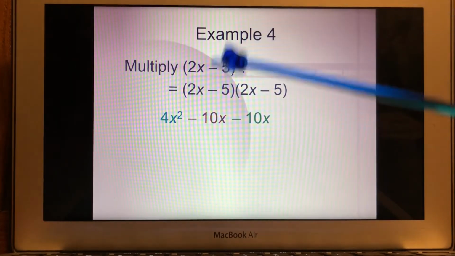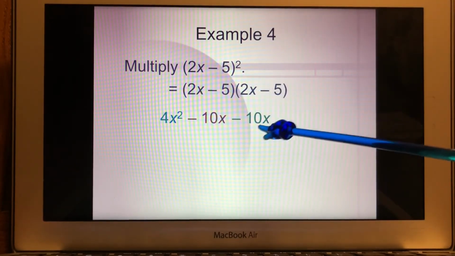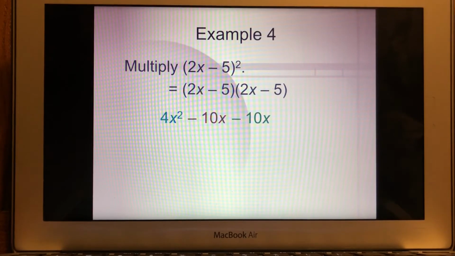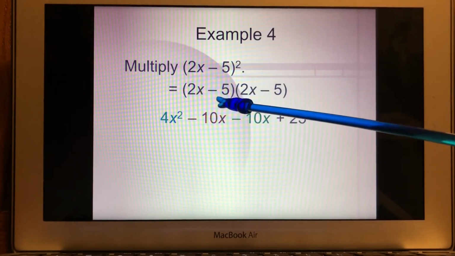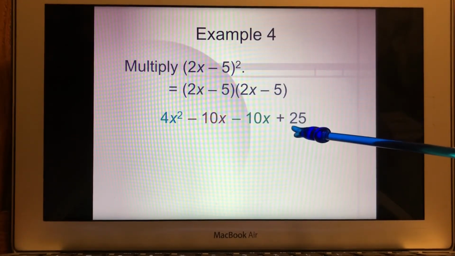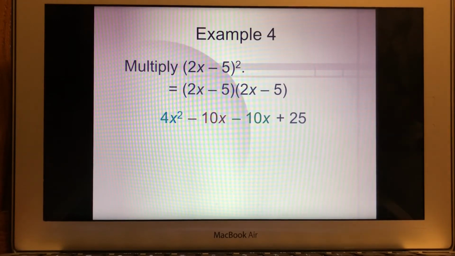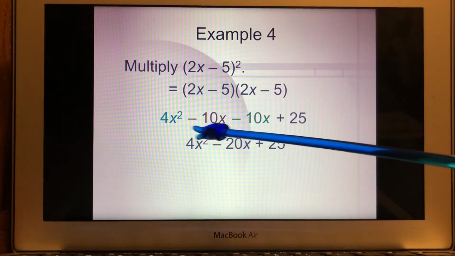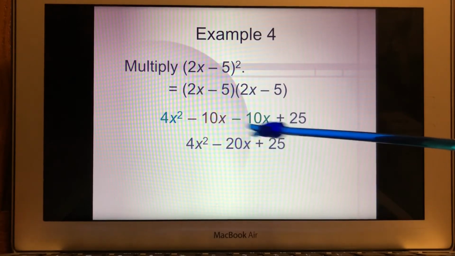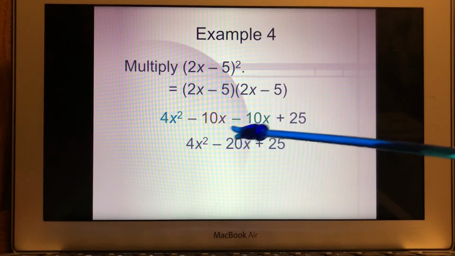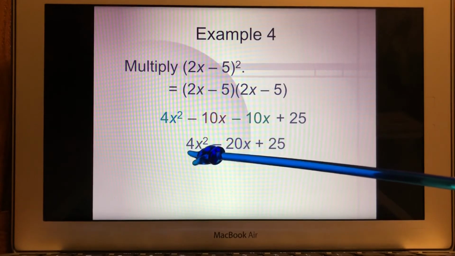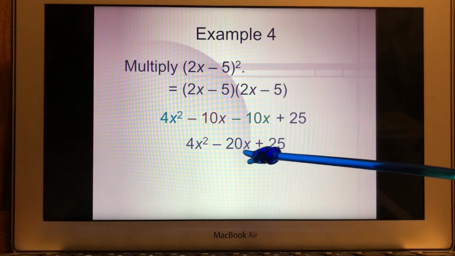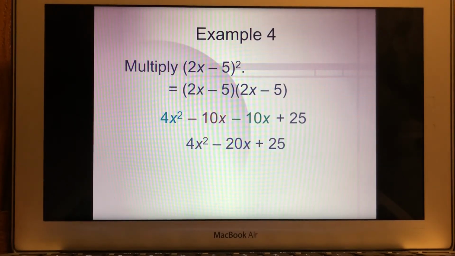The inside terms are negative 5 times 2x, which gives us negative 10x. And the last terms are negative 5 times negative 5, which gives me plus 25. Then I combine the like terms: negative 10x plus negative 10x. So I have 4x squared minus 20x plus 25. And there is my final answer.